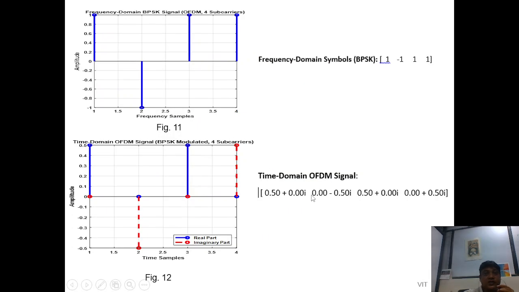We have taken an example where we want to transmit 1, -1, 1, 1. It is the frequency domain BPSK signal. When it is converted to a time domain signal, it has real and imaginary parts. It is a complex signal, and this is the time domain signal after OFDM modulation, the IFFT operation. That is okay.